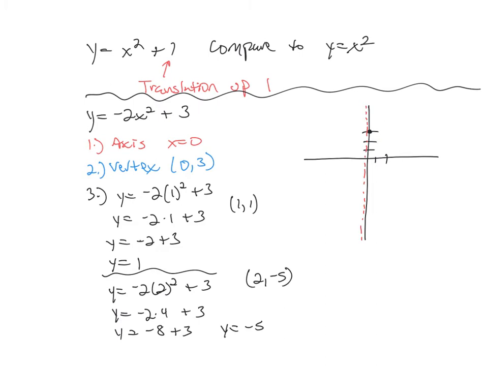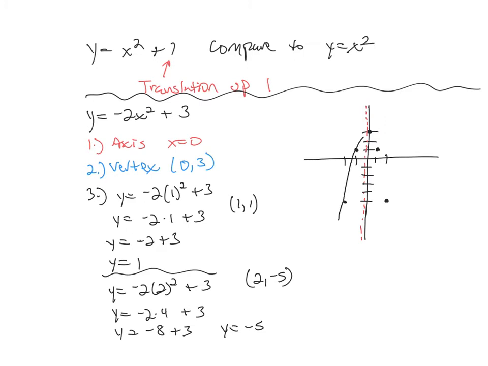So over 1, up 1 from the vertex, 1, 1, and then 2, -5. And then I get to flip them over the axis of symmetry. So 1 to the right, 1 to the left, 2 to the right, 2 to the left.